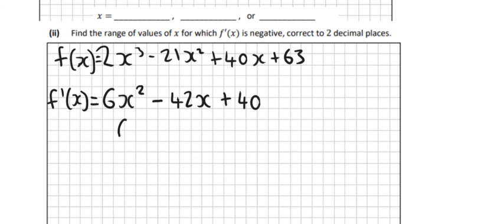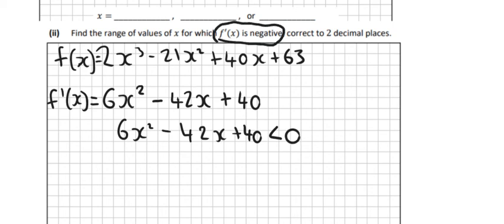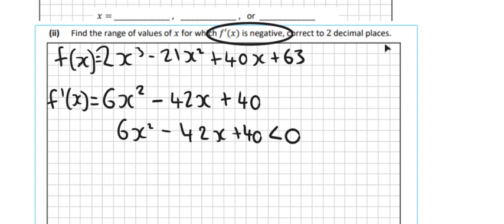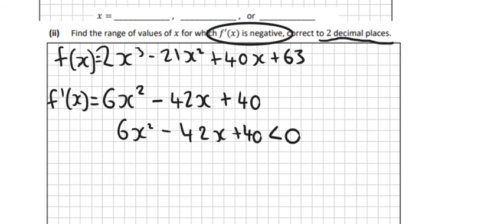So we want all of that to be less than 0. So for which f dash x is negative. So if it's negative, then all of that thing has to be less than 0. Clue in the question here then, it says correct to 2 decimal places.